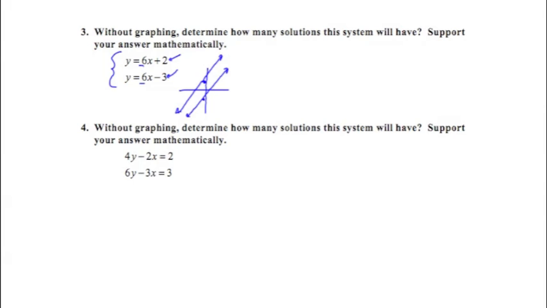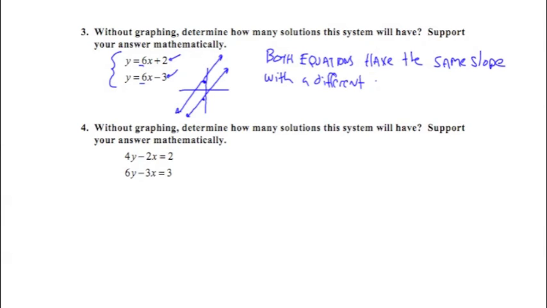So how I would state this or support this mathematically, I would say both equations have the same slope with a different y-intercept.